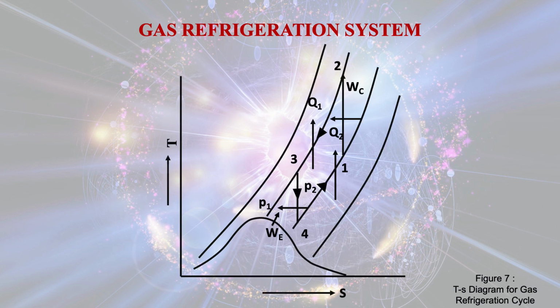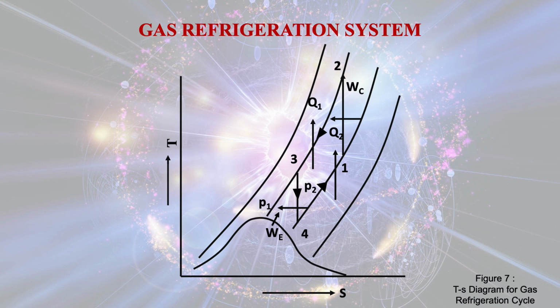Now this is the TS diagram for the gas refrigeration system. So you see that from state 1 to state 3 the expansion process takes place in the turbine, but for the air refrigeration system we will call it expander instead of turbine.